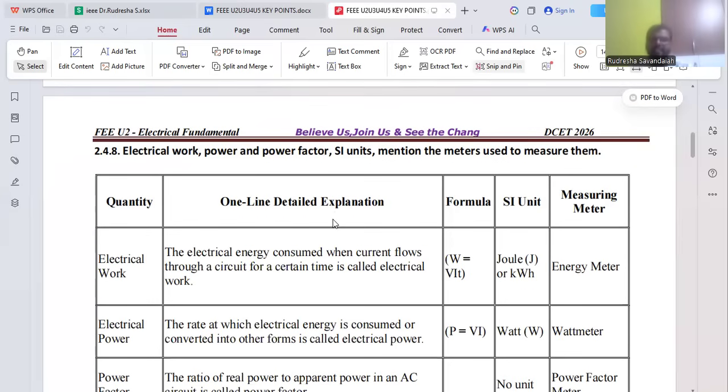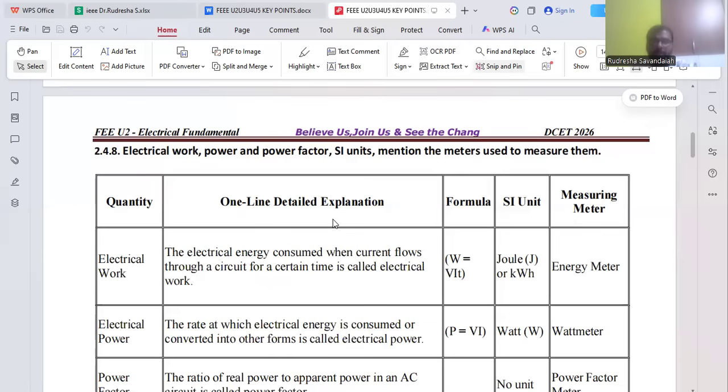Electrical work is the electrical energy consumed when current flows through a circuit for a certain time, meaning some period of time. The formula is W equals V I t, in joules or kilowatt hour. The measuring meter is the energy meter.